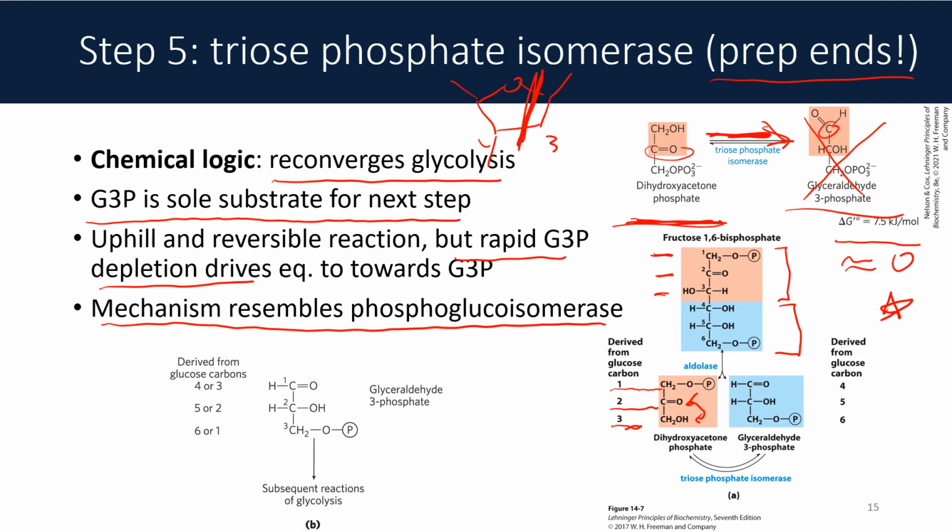Once we do that, we essentially have converted DHAP into an upside down G3P. And you can see that when we look at the blue box on the right. The 1 carbon on G3P was derived right over here from that 4 carbon on glucose.